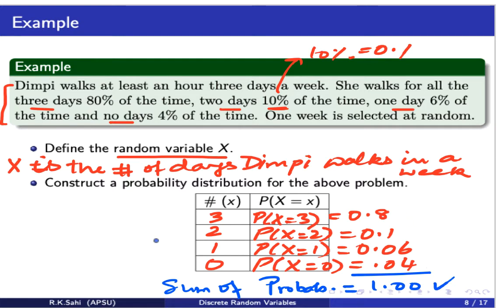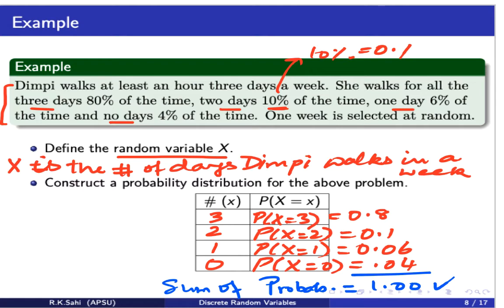So this distribution is exactly a probability distribution because the two most important conditions are being met. Okay, that was an example of exercise, walking.